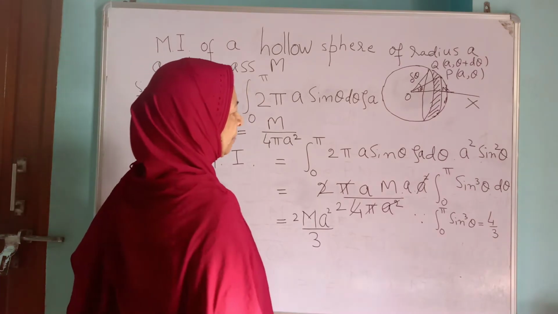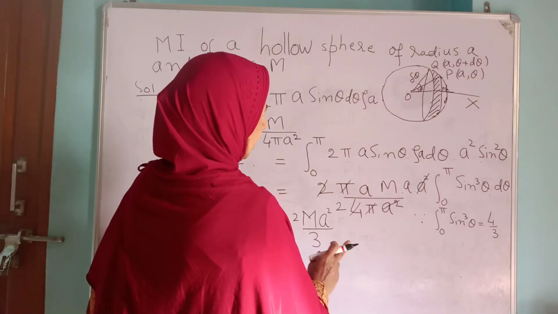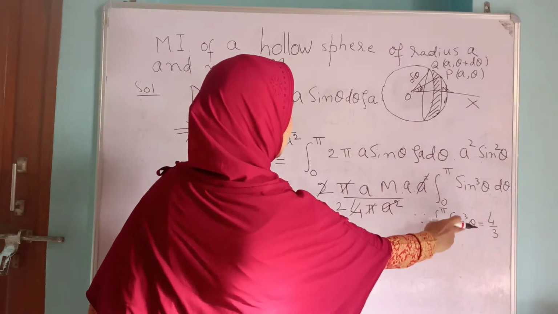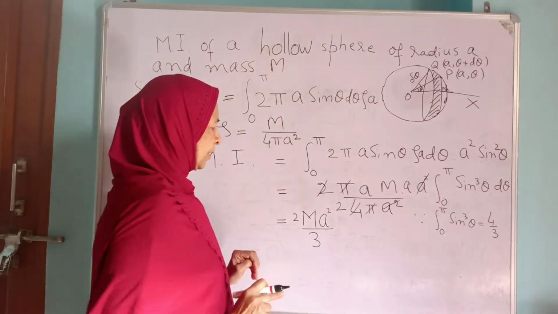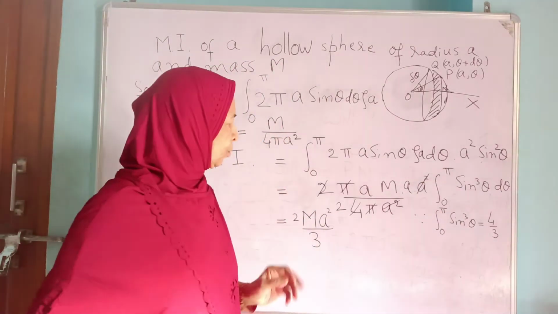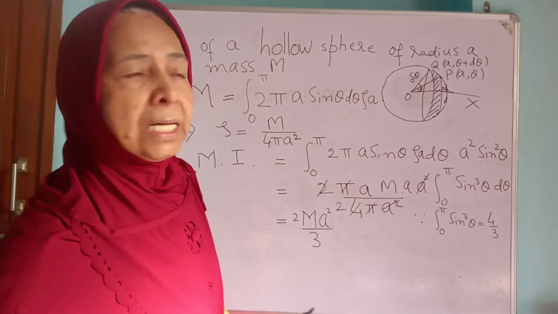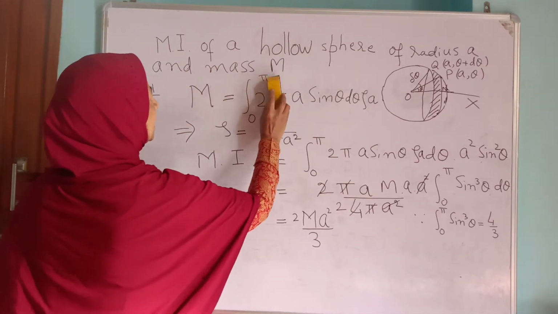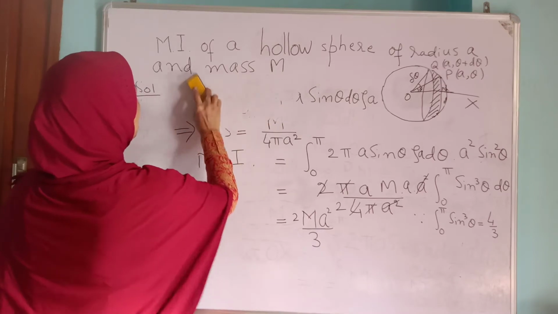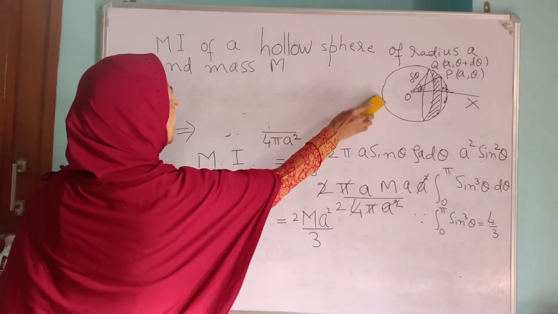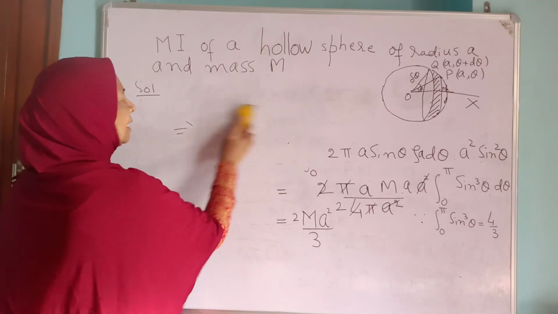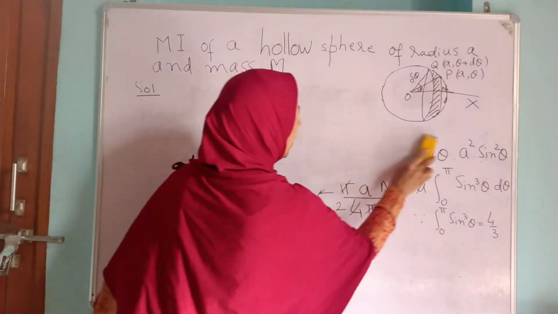So, that will give you this integral, and when you substitute the values, you will get 2/3 of M a square. So, this is the simple case. We found the moment of inertia of a hollow sphere about OX.